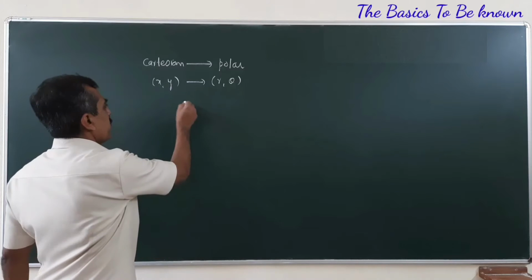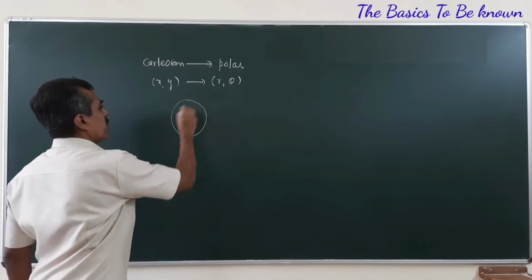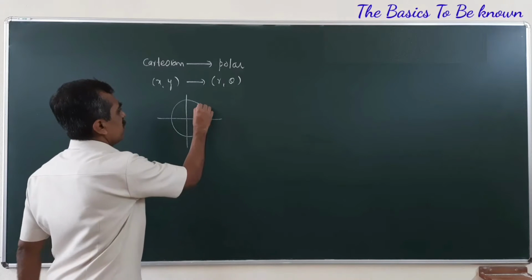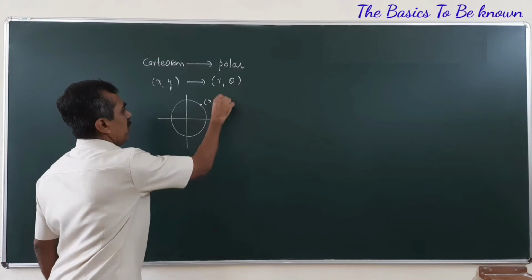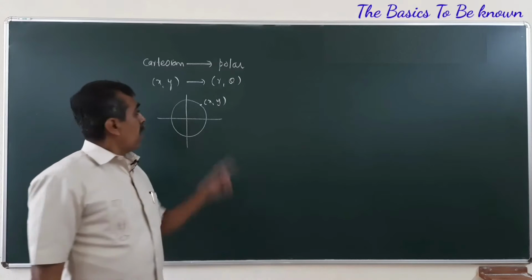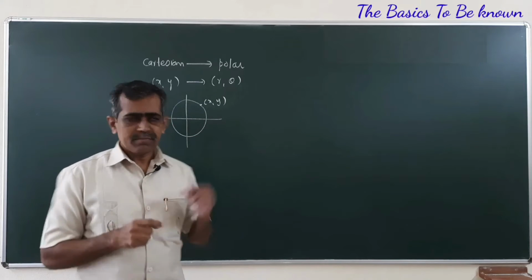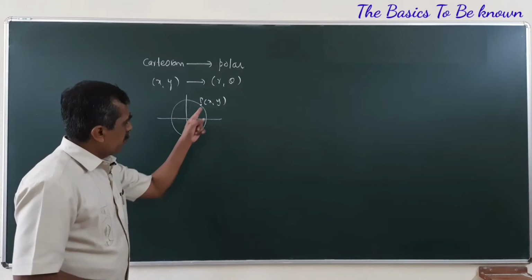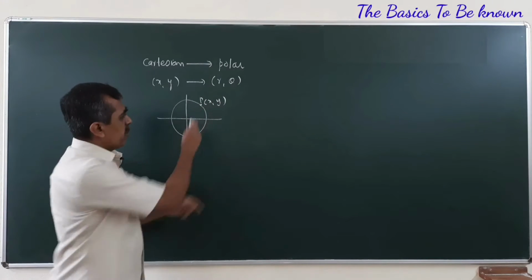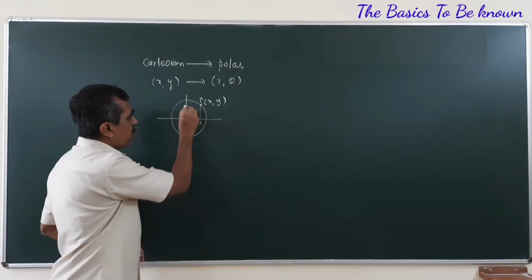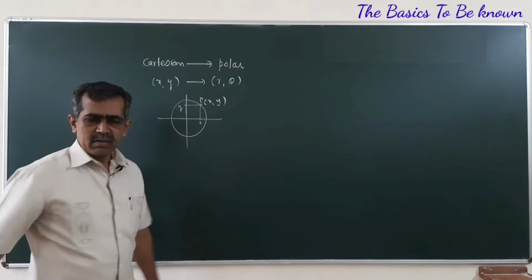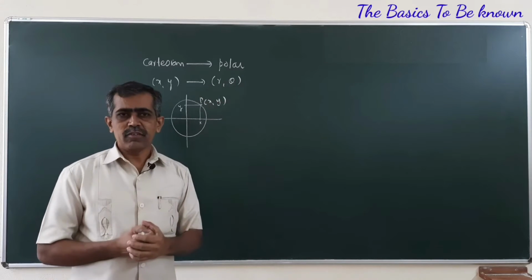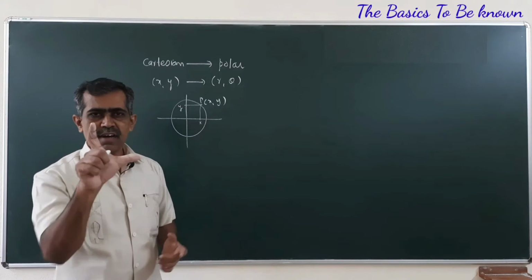If your domain of integration is such a circle, and I consider any point x, y, suppose this is point P, the position of P can be determined by its Cartesian coordinates x and y, or the same point can be identified using polar coordinates r, theta. What is r?